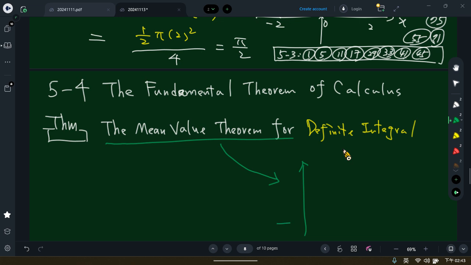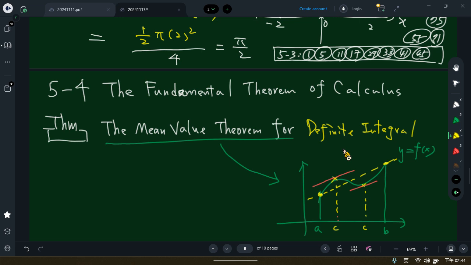The so-called mean value theorem is that if the function y equal to f(x) is continuous from a to b and also differentiable from a to b, we can always find at least one point c between a and b whose first derivative will equal the slope you get when you link the two endpoints together to form a line.